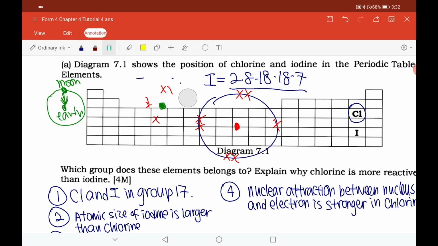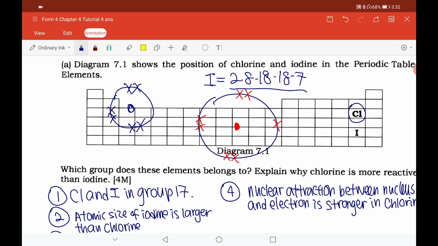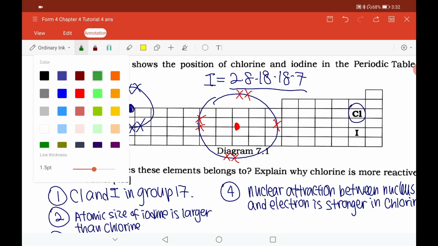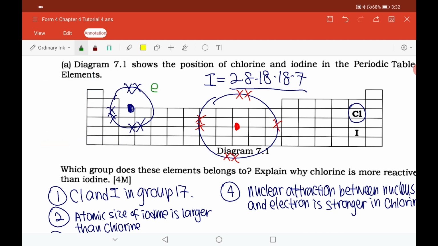So when the pulling force is very strong, you can pull the electron into the valence shell easily. You see here, this is chlorine. It has 7 valence electrons. This is the nucleus, and this is the electron that you want to pull. When the nuclear attraction is strong, you can pull this electron into the shell easily.